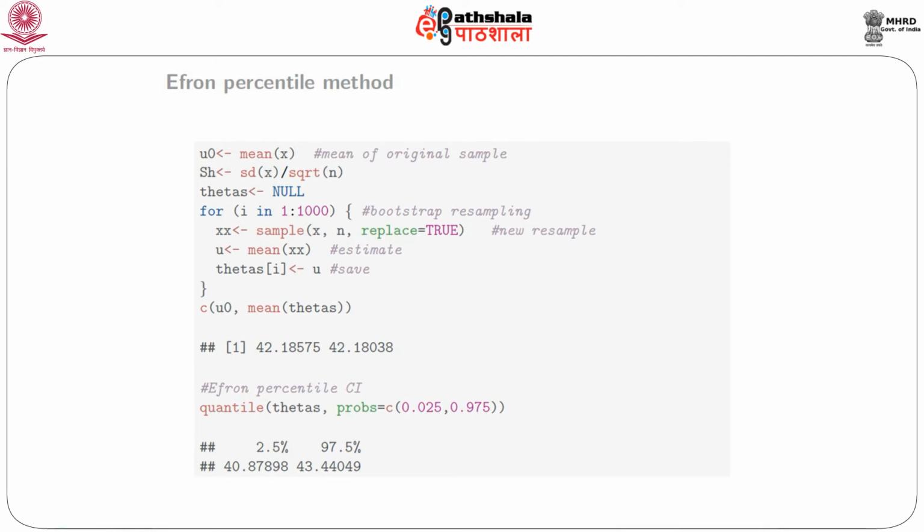Now, quantile of thetas with probabilities 0.025 and 0.975, that is the percentile CI, and that comes out to be 40.87 and 43.44, and this is in contrast to 40.85 and 43.51. So, note that the bootstrap percentile confidence interval, the bootstrap being non-parametric, results in a confidence interval which is slightly tighter than the Student t based 95% confidence interval.